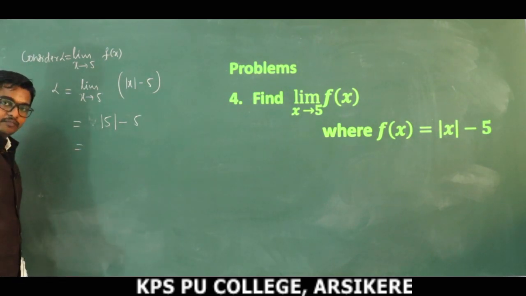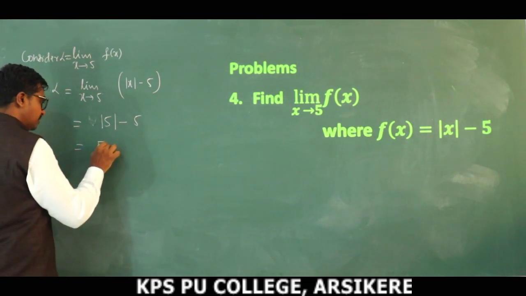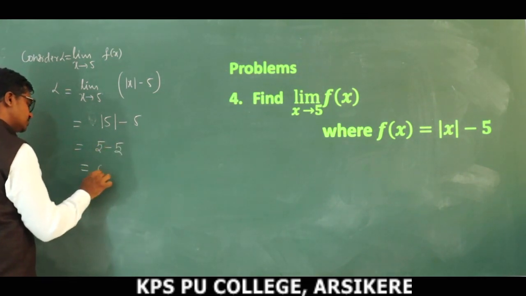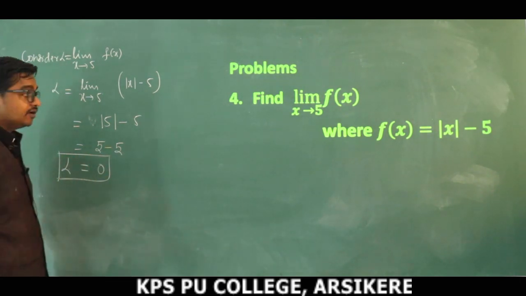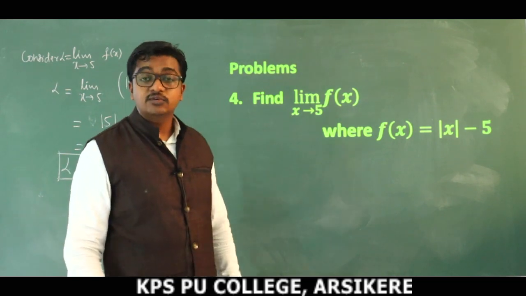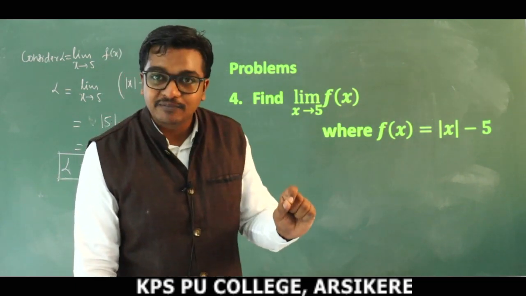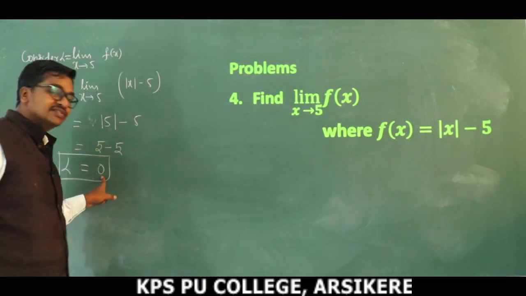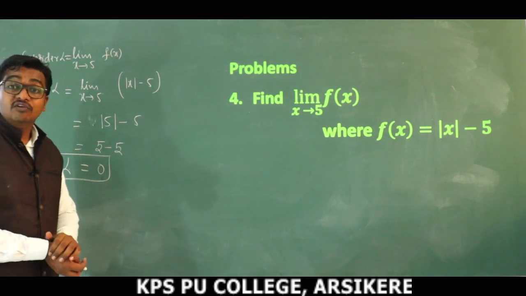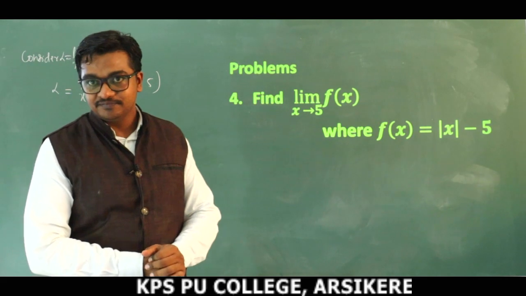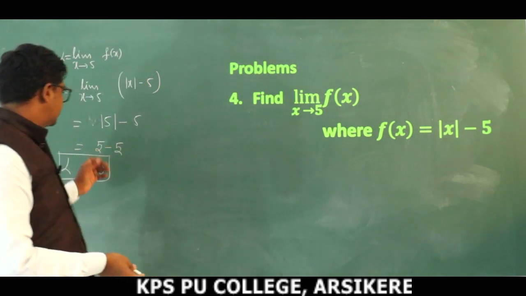So modulus of 5 minus 5 means 0. This is L. So L is equal to what? 0. Therefore limit of the function f of x whenever x approaches 5 is 0. Understood, children? This is the method to evaluate the limit. Okay, write down the things.